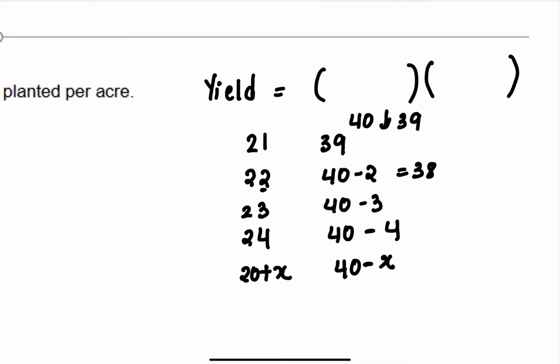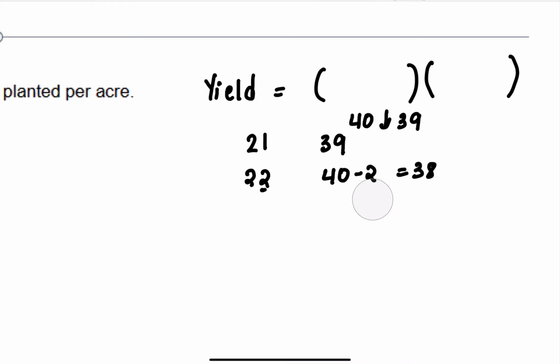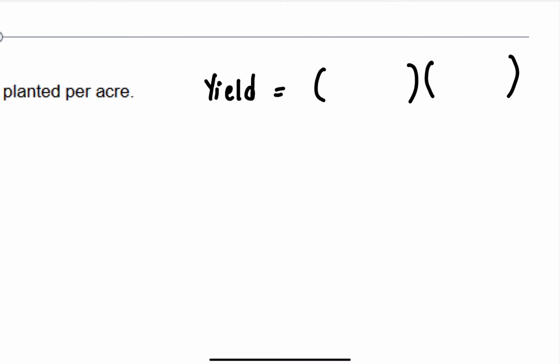And that is your mathematical formula. So your yield is nothing but the number of trees times the number of pounds that they produce. But if I add X trees extra, my yield is going to be that many pounds less.